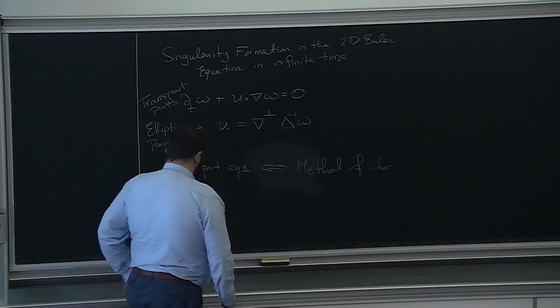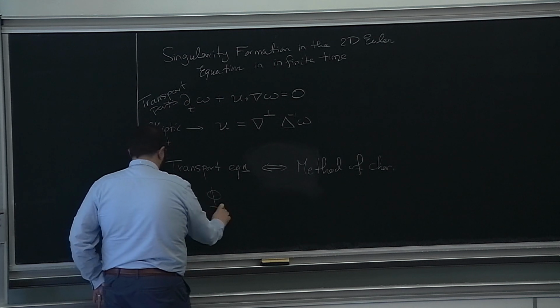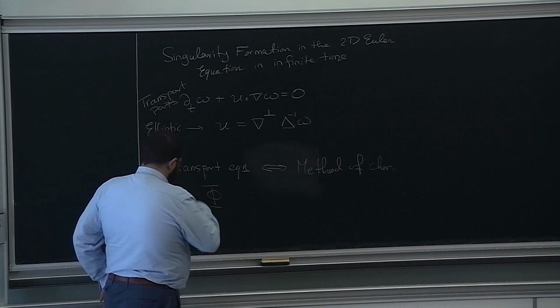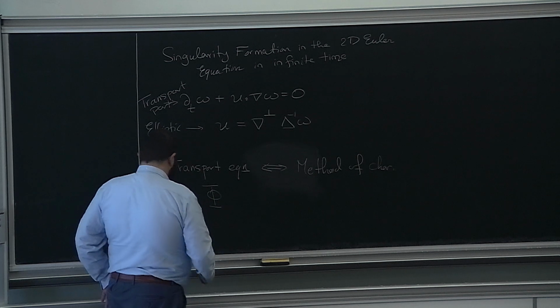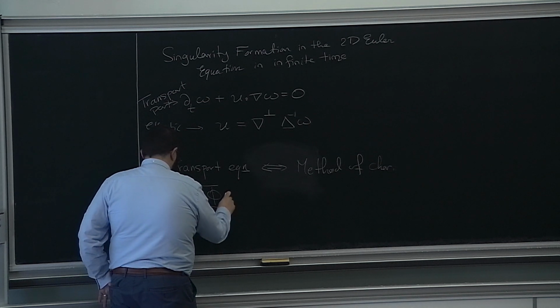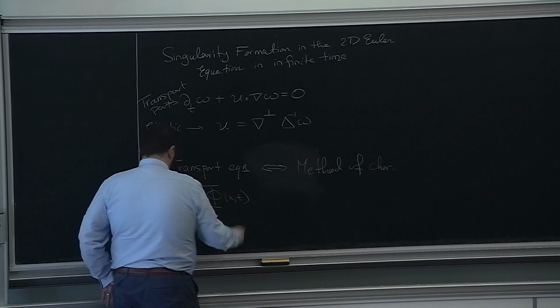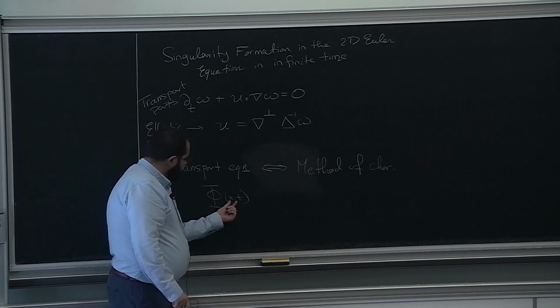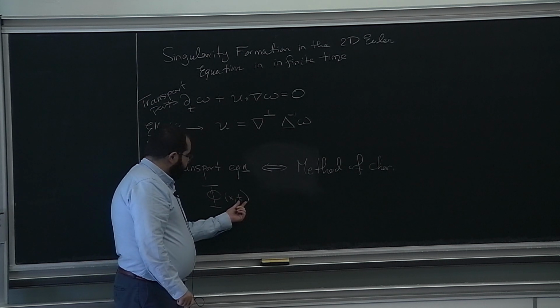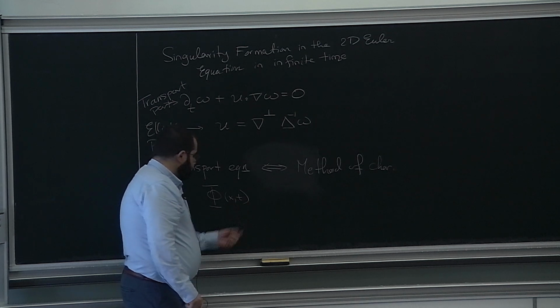So you introduce the flow map, phi, which is a function from the domain to itself and depends on time.